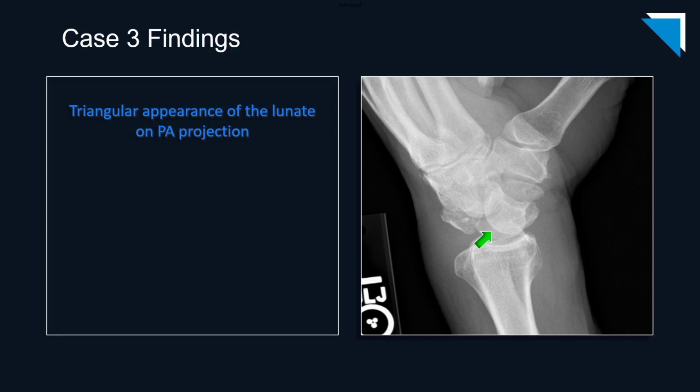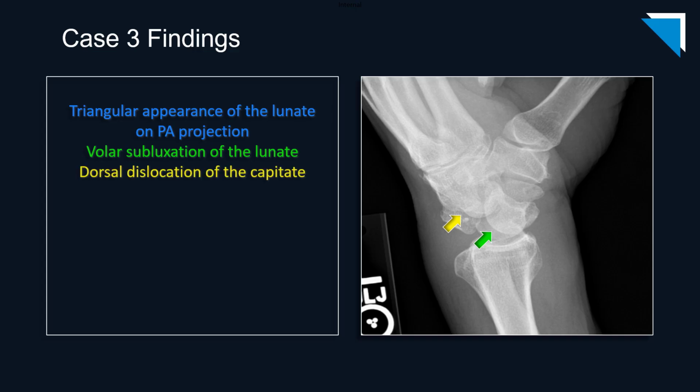There is volar subluxation and tilt of the lunate, accompanied by dorsal dislocation of the capitate. Unsurprisingly, there is marked associated soft tissue swelling, with elevation of the pronator fat pad.